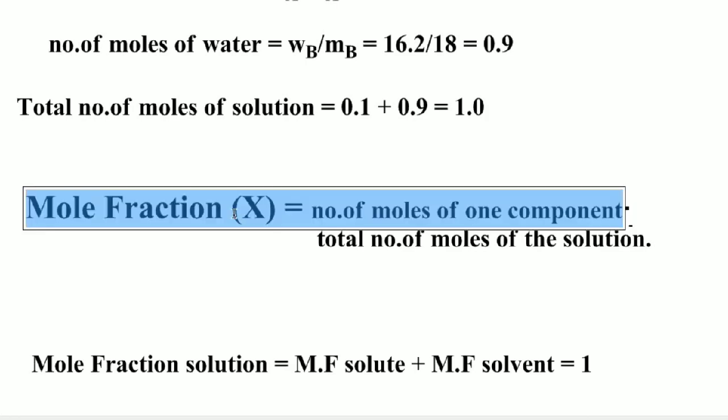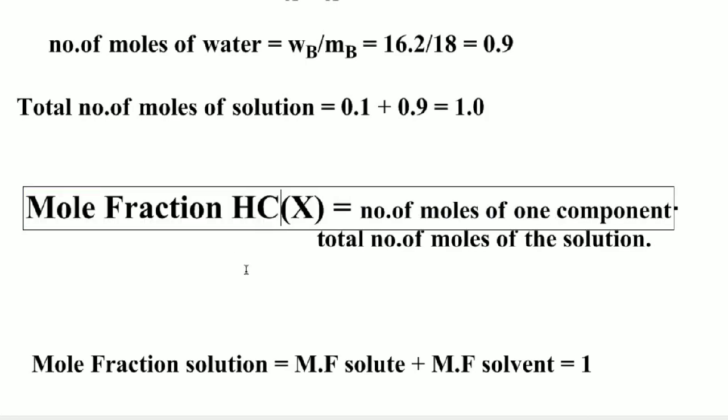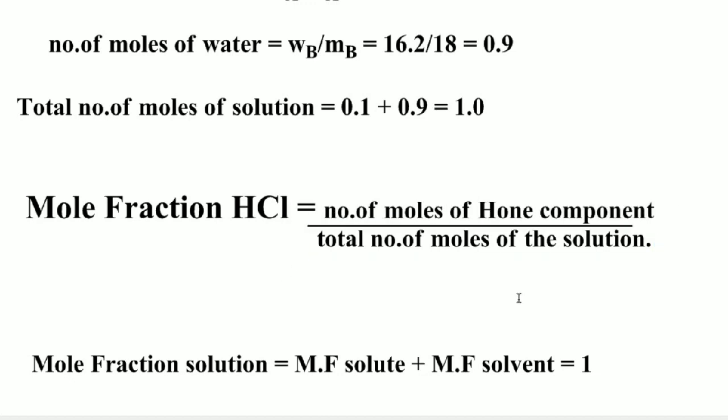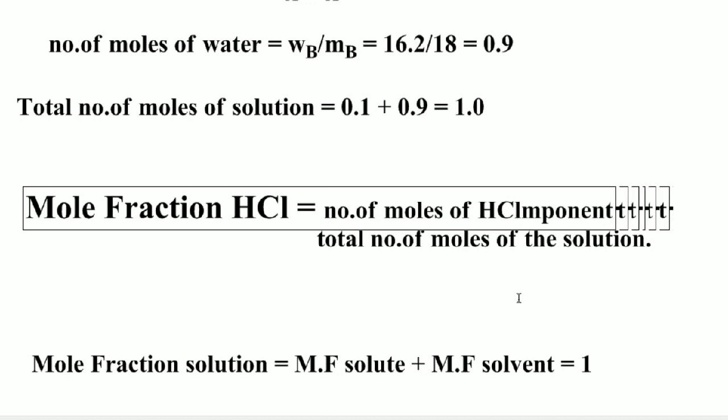Now we can calculate the mole fraction of HCl. Mole fraction of HCl is equal to the number of moles of HCl divided by the total number of moles of the solution.